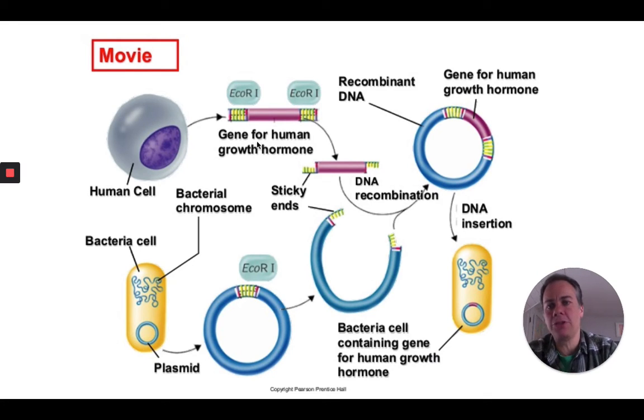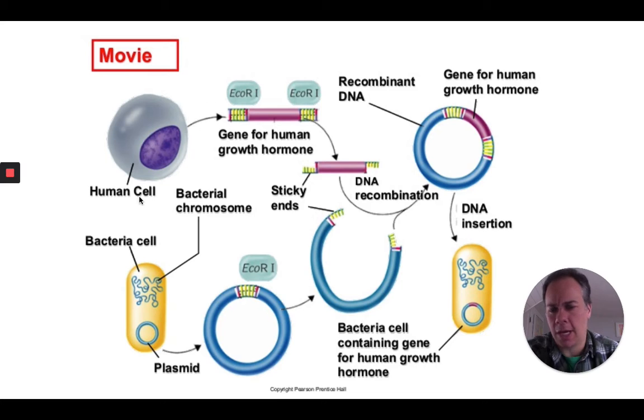This is another example. This is using them to produce growth hormone. It's the same exact process that's used to produce insulin, but you have a human cell. You find the gene that you're interested in. In this case, they're looking for the human growth hormone gene. They use a restriction enzyme to cut out that gene from the human DNA.